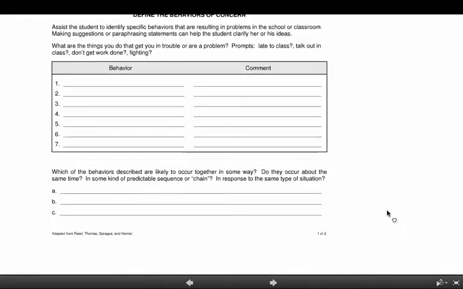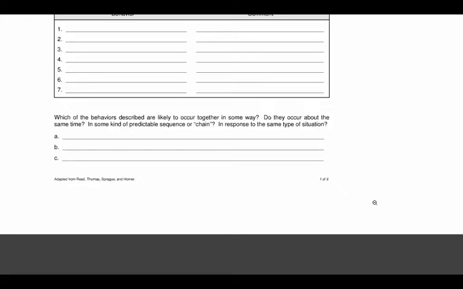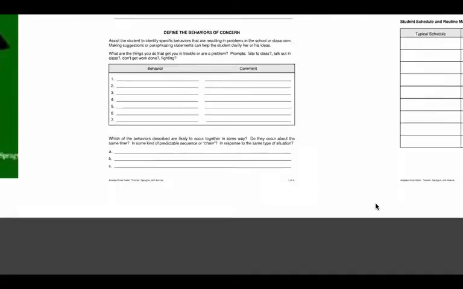And then the next question would be, which of the behaviors described are likely to occur together in some way? Do they occur about the same time, in some kind of predictable sequence or chain? So a person may respond that they begin some kind of verbal altercation with another individual, and then that may give rise to some kind of physical interaction.